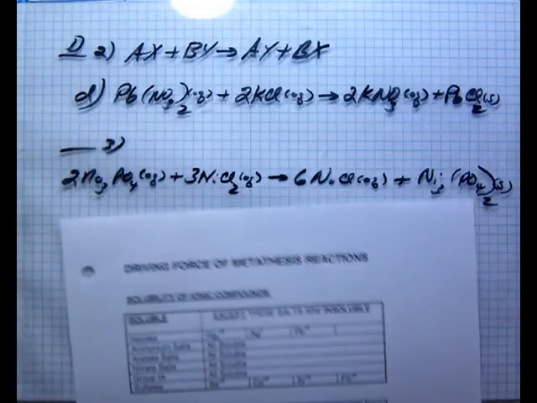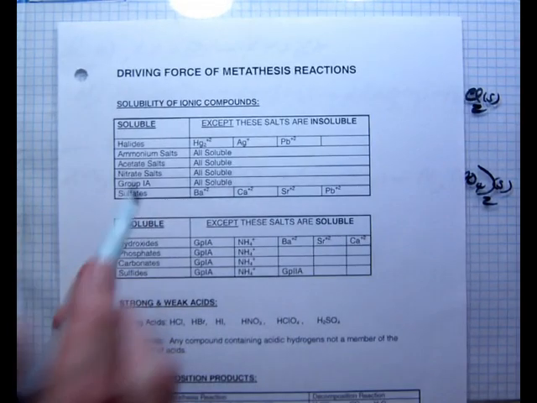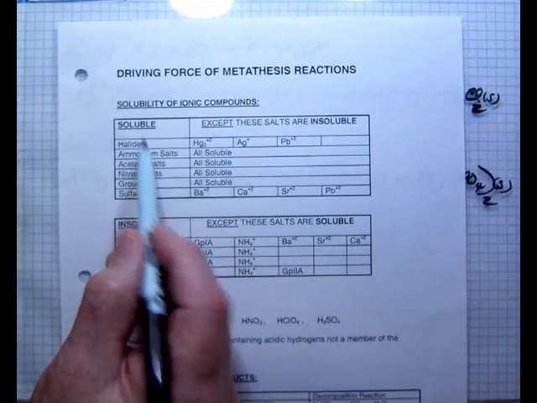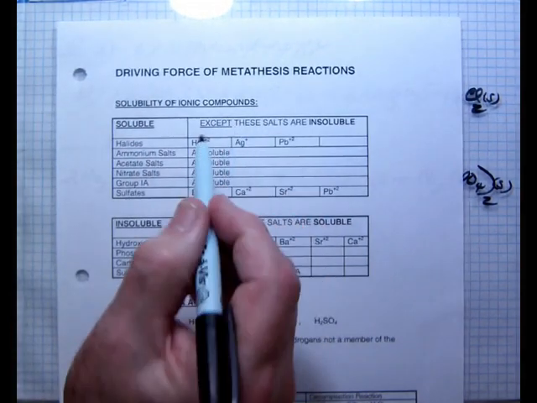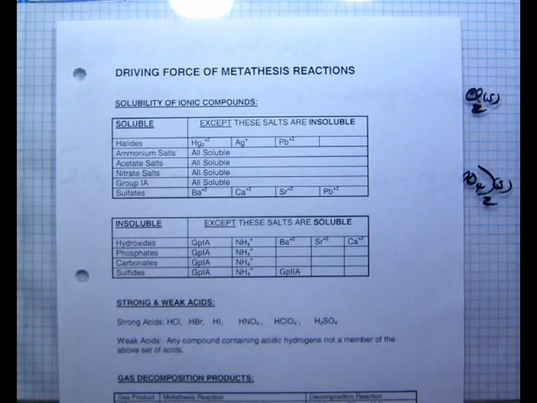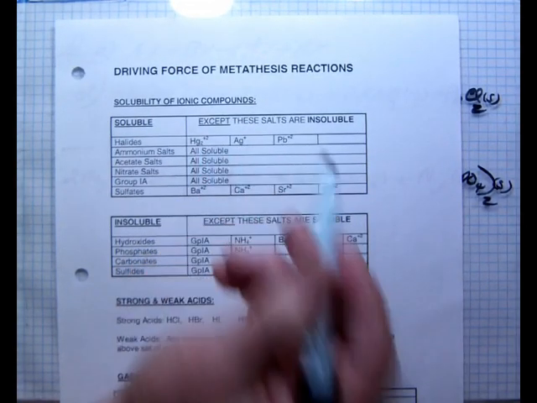Well, the first one is sodium chloride. Sodium chloride is a halide, and all halides are soluble. The exception is mercury, silver, and lead. I call them happy halides, HAP. You can remember mercury, silver, and lead, HAP.